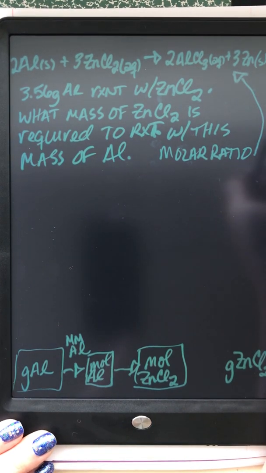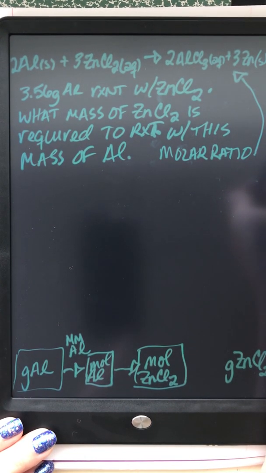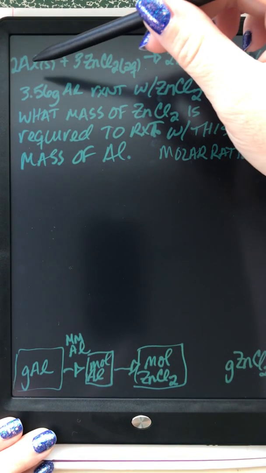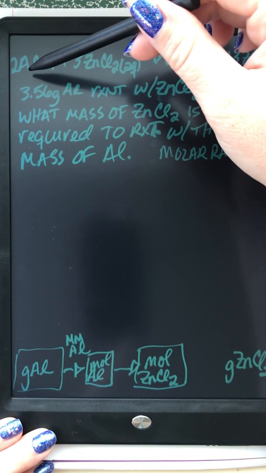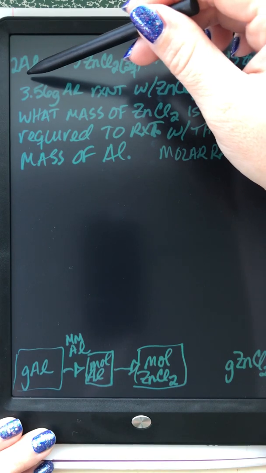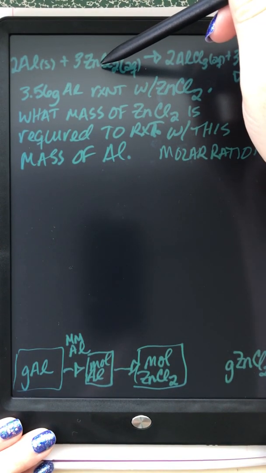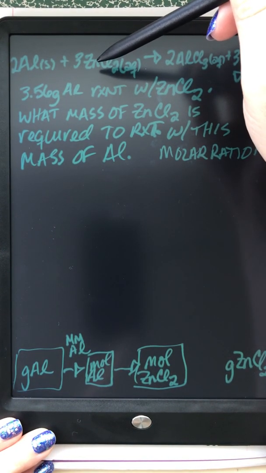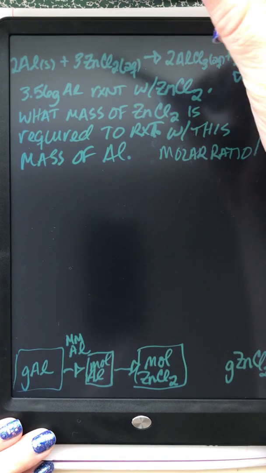So this is where we're going to get the molar ratio, right? Specifically, we see that we have 2 moles of aluminum for every 3 moles of zinc chloride. Does that make sense?